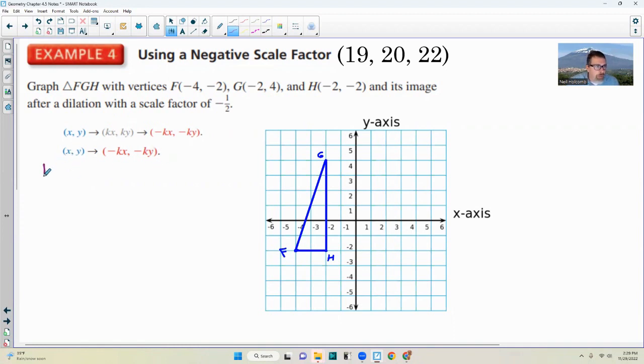So (x, y), I'll start with F. F is (-4, -2). And I'm going to take this, which is our k. Okay, that is k, -1/2.